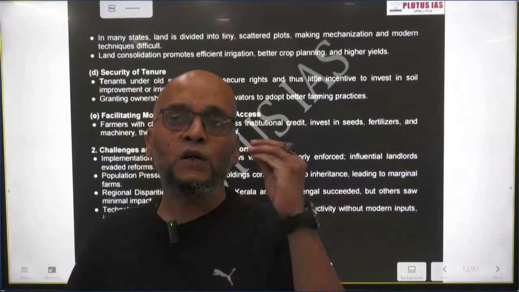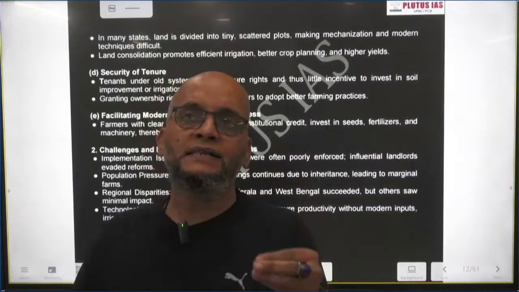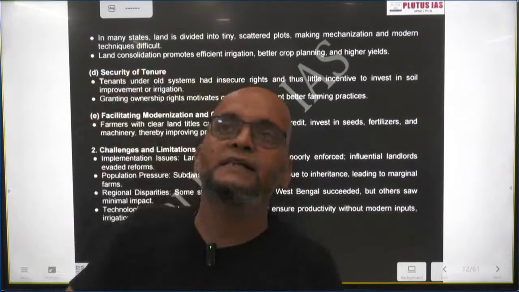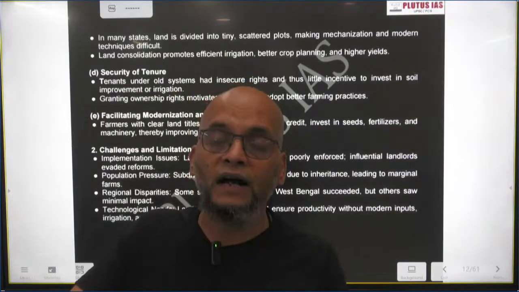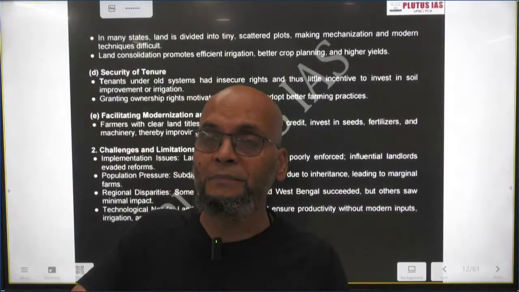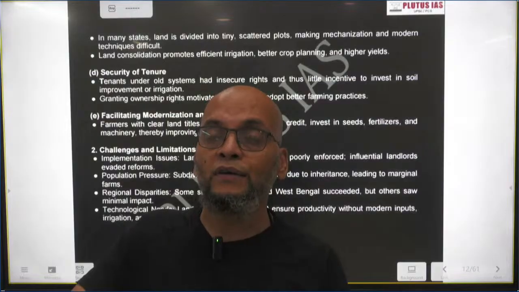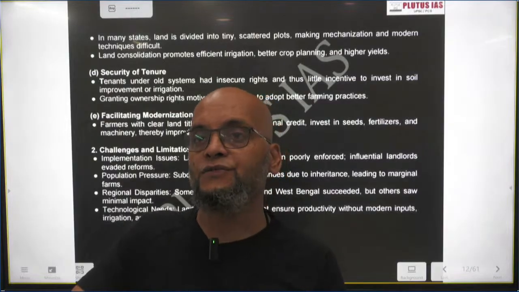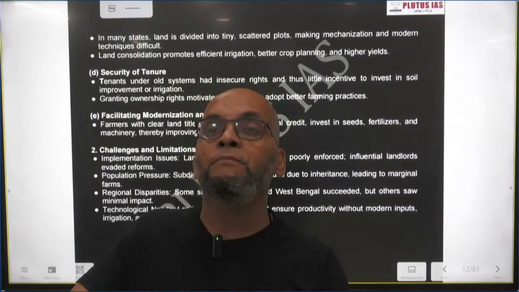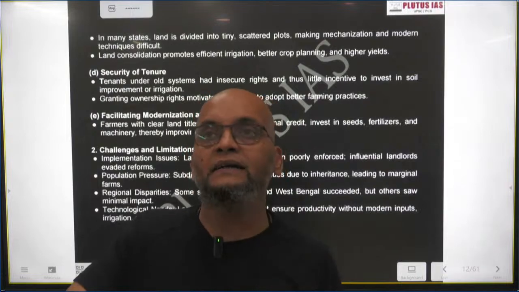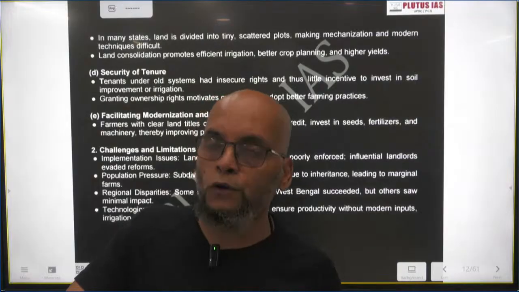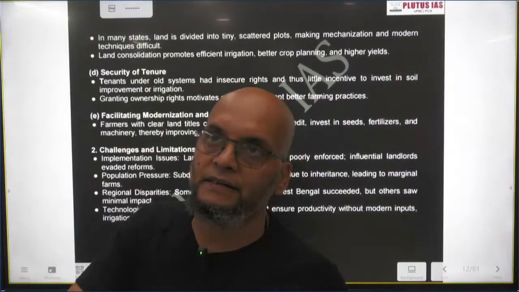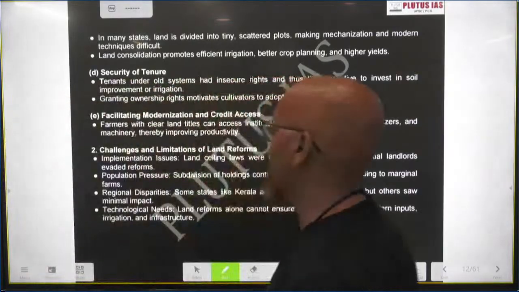There were only a few states where these land reforms were implemented, not in other states. Why? Because these zamindars, these rich landowners, had huge connections with the government of India. They postponed it, they challenged it in court because they were wealthy also, and these policies could not be implemented in many parts of India.